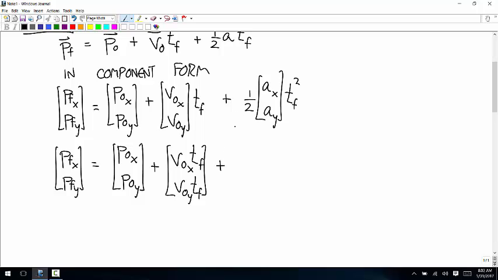And then this one says 1/2 AX TF squared, and then 1/2 AY TF squared.